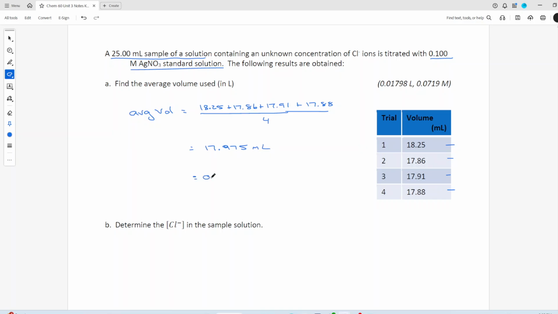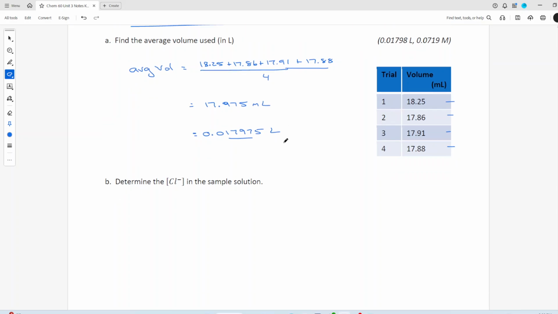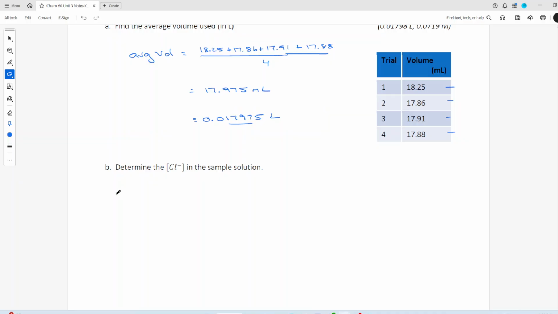So I'm going to use 0.017975 liters, but I'm actually only keeping 4 sig figs. The next thing I'm going to do is find the moles of silver.